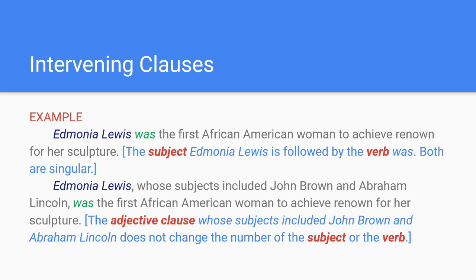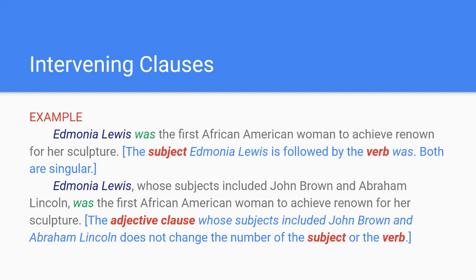Included is past tense, and we don't have a singular or a plural form of included when we're in the past tense. We only have included. So even though subjects is plural, it's not having any kind of effect on the verb that we can see because there's no other form of it. Instead, we're concentrating on the independent clause. We're concentrating on Edmonia Lewis and the verb was. And again, they're in agreement. They're both singular, so we're happy.